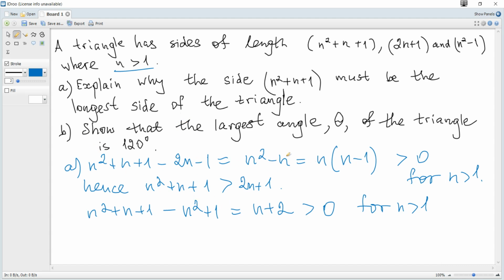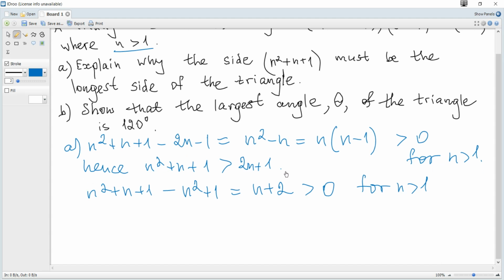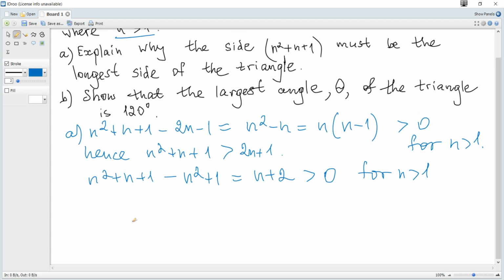And B: show that the largest angle theta of the triangle is 120 degrees. Definitely the largest angle is opposite to the largest side, and we are given the lengths of 3 sides and an angle, and we connect them using the cosine rule.